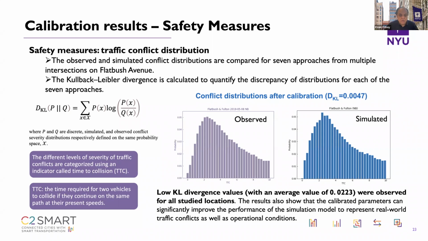If this was large, it means P(x) and Q(x) are too different, and that's not good. But even if you look at the distribution graphs, you see that the distributions are very similar. So visually also, you can understand that the observed and simulated results are close to each other.